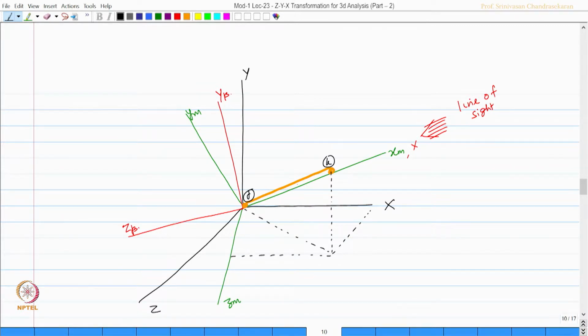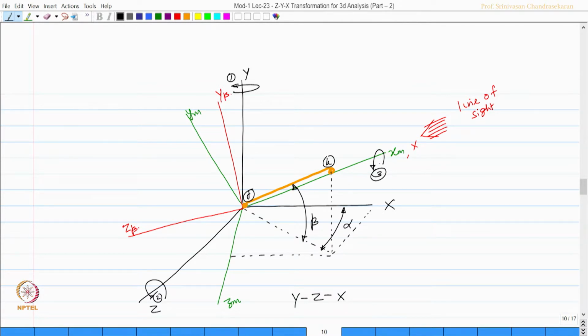Let us say this angle is actually beta, and this angle is actually alpha, and this is y z x transformation. So, we did rotation first step, then rotation second step, then rotation third step.